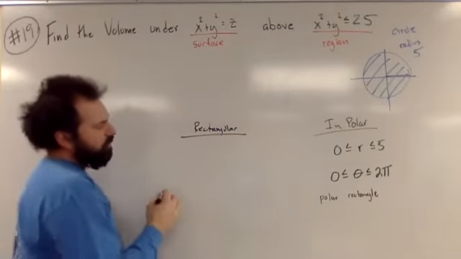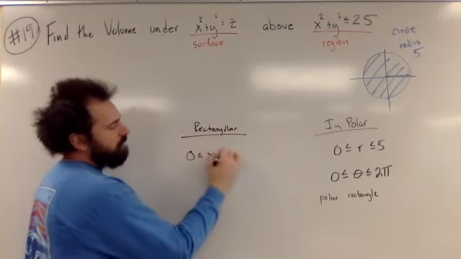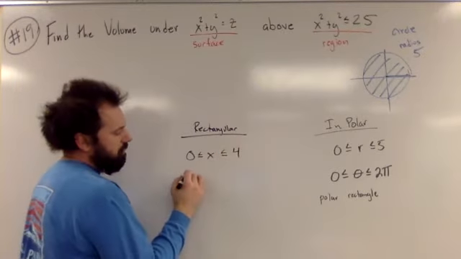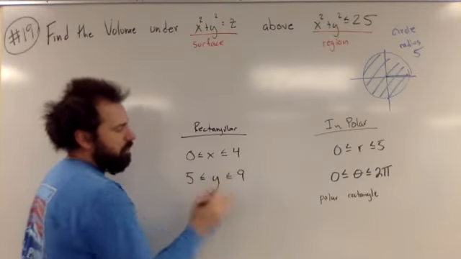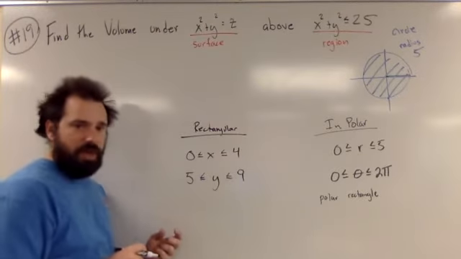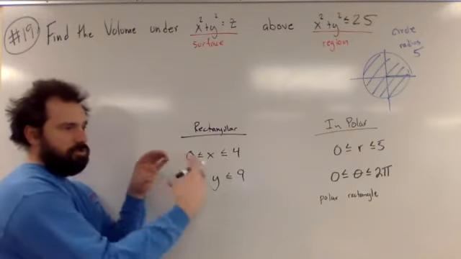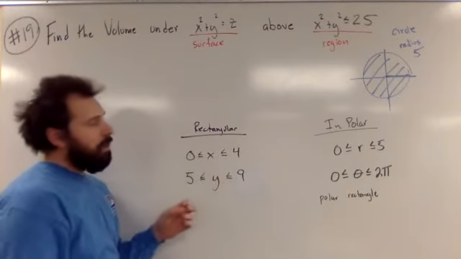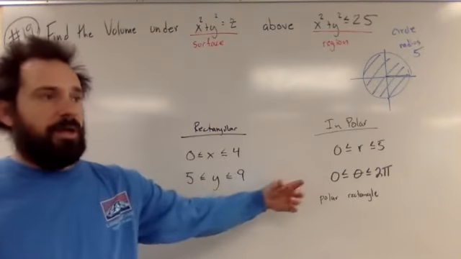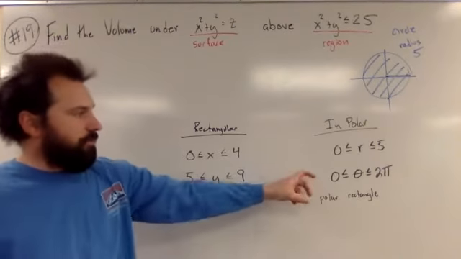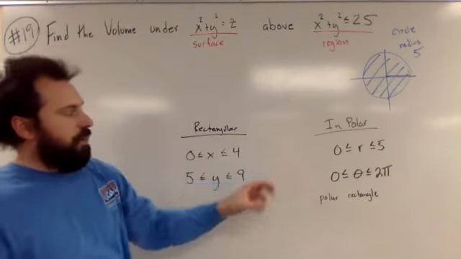When we first started, we looked at x values and y values that were bounded by constants. And when I draw the graph of that, it's an actual rectangle in my xy plane. Obviously, this is not a rectangle in the way that we think about it in Euclidean geometry, but I'm bounded by constants. So we do call that a polar rectangle.